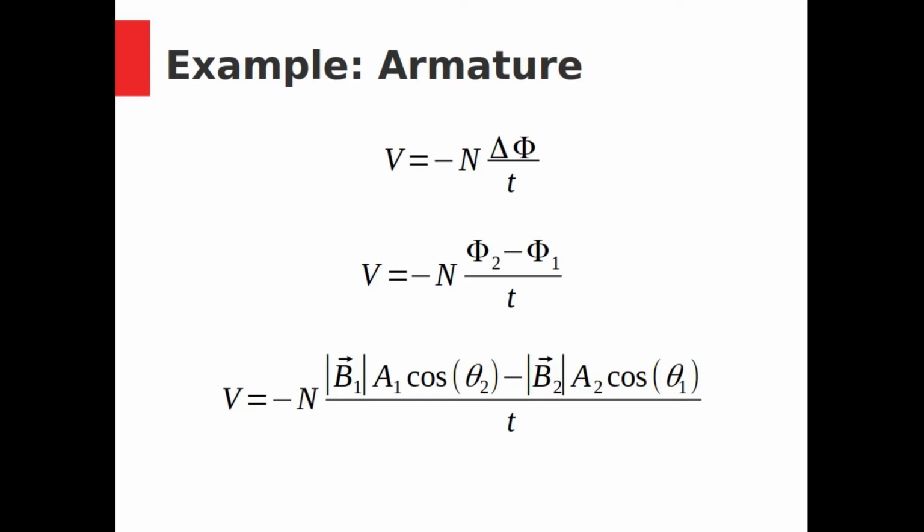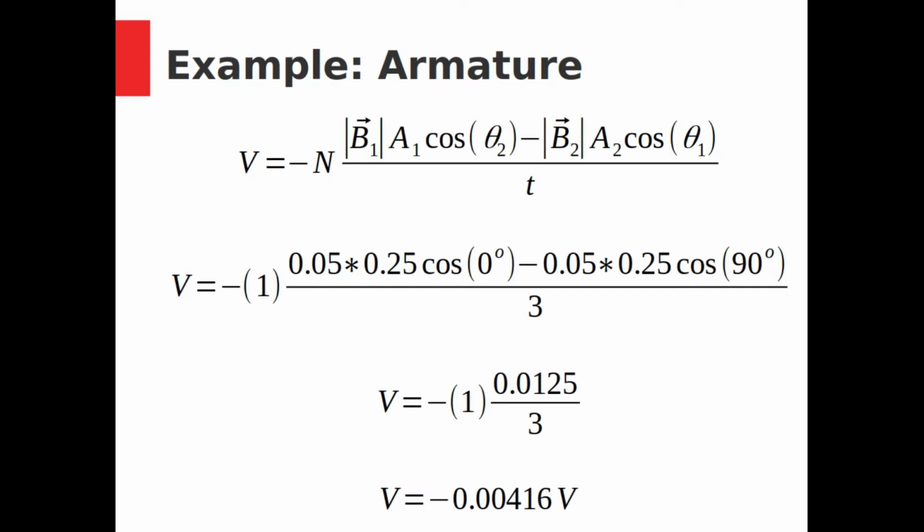According to Faraday-Lenz, the voltage depends on the number of turns times the rate of change of flux. Let's expand out the change in flux term. The change in flux is really the final flux minus the initial flux. Since magnetic flux equals field times area times the cosine of the angle between them, we will start substituting that information in.